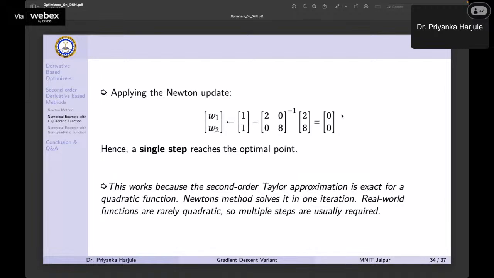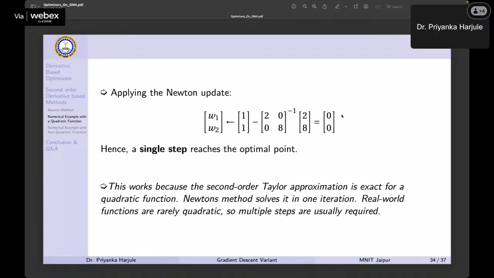This works because the second order Taylor approximation is exact for a quadratic function, and Newton's method solves it in only one iteration. But in reality, neural networks do not have an exact quadratic, so we have to use the quadratic approximation. For most large scale neural networks, the Hessian is too large to store or compute explicitly.